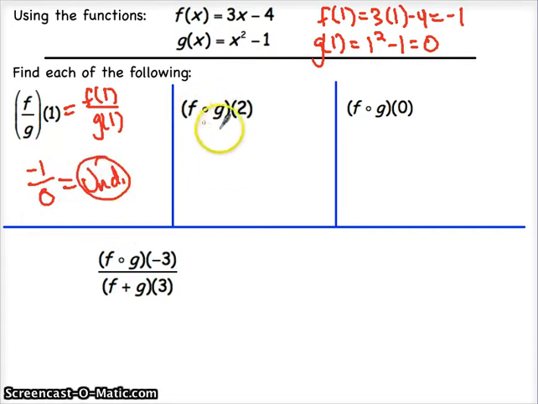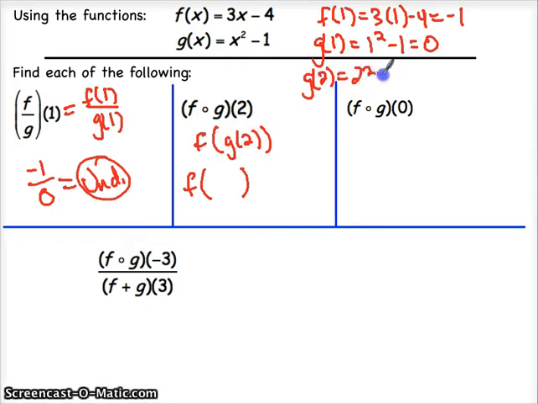Well, composition's a little bit different. I can't just do them both separately and then divide. Composition says, well, I need to find g of 2 first. So I can take f composed on g of 2. Well, g of 2 is equal to 2 squared minus 1, or 4 minus 1 is 3. So I'm going to take f of 3.